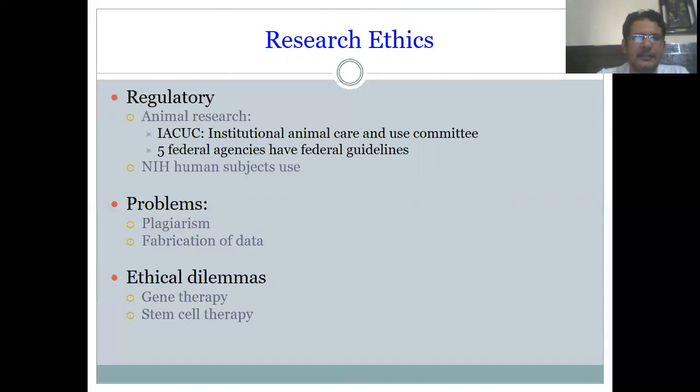And then there is also the problem of plagiarism and fabrication of data in research. They have very bad implications, because if you introduce something in your classroom based on data that is fabricated, that is false data, that is a very wrong thing, and you will not get the desirable result.